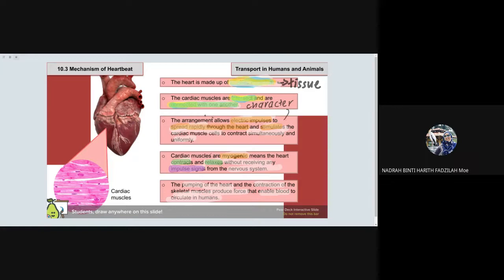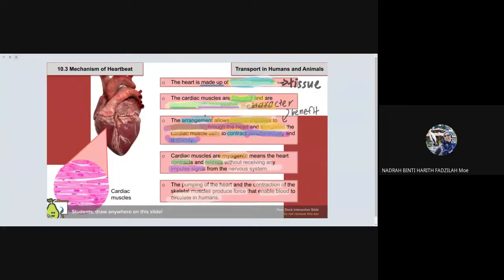Okey, jadi bila electrical impulse bergerak atau tersebar secara dengan cepat ke seluruh jantung, this will stimulate cardiac muscle to contract simultaneously and uniformly. So bila electrical impulse tu tersebar secara sekata dan cepat pada seluruh cardiac muscles, maka cardiac muscles tu akan contract serentak dan seragam.